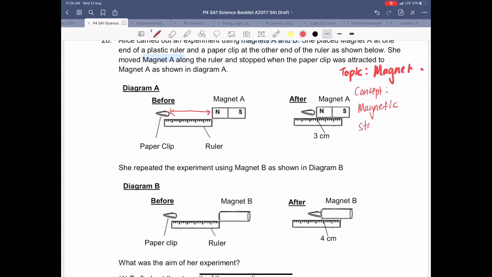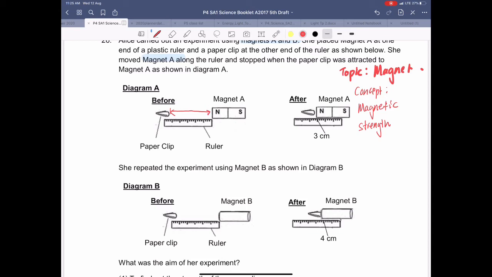Now, you need to be very careful. Once again, I want to stress that you should not say things like A is a stronger magnet or B is a stronger magnet, because stronger in material actually refers to the material being able to break easily or not. That is strength.